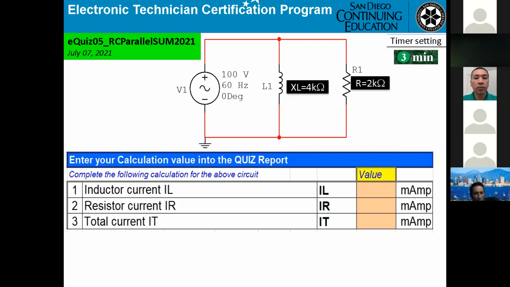Can everyone see? Yes? Okay, good. Well, this time we'll see if anyone gets 100.